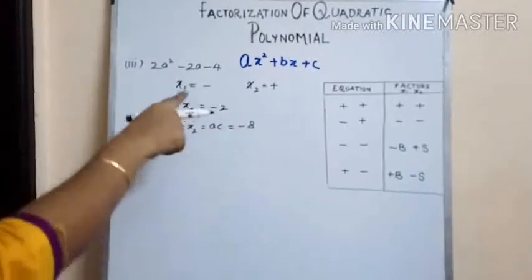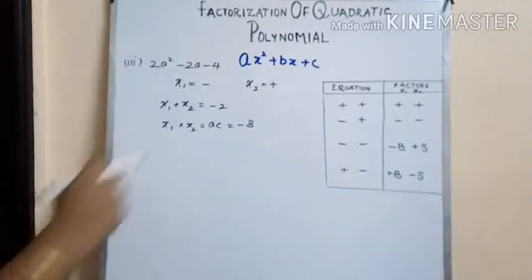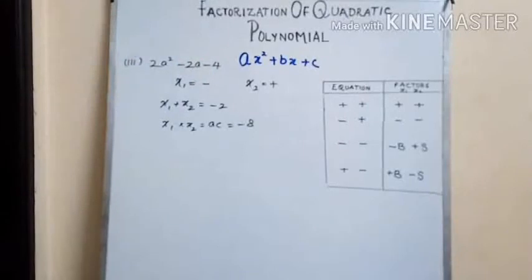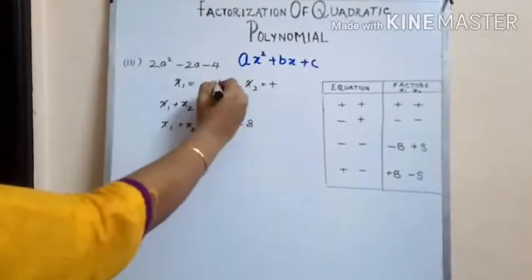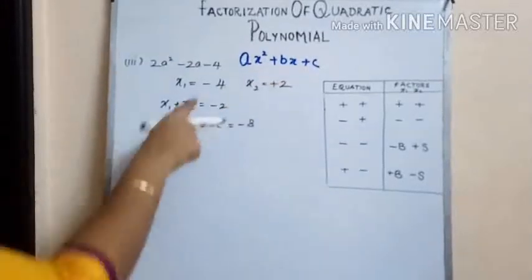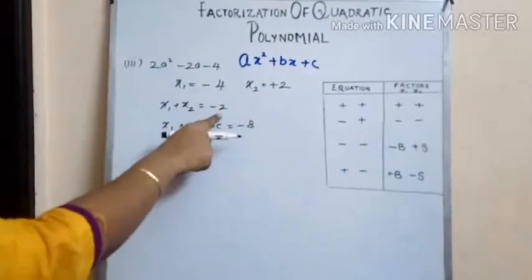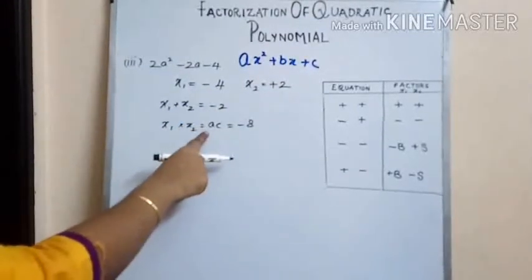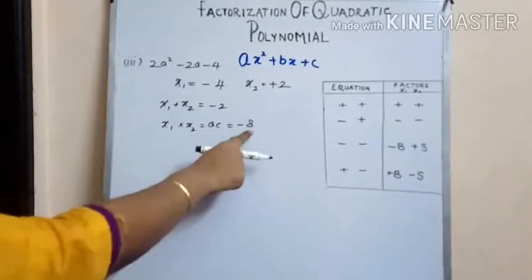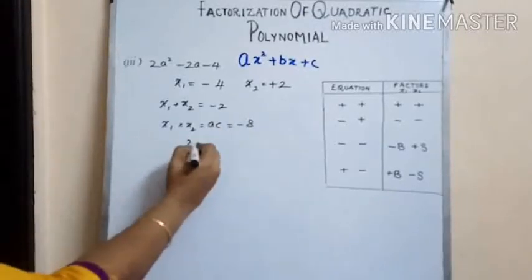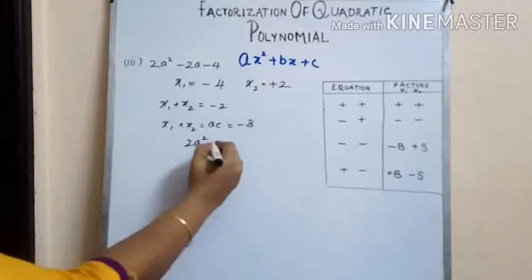Both the conditions should be satisfied. What are the two numbers which will satisfy both conditions? Yes, it is -4 and +2. When you add you get -2, when you multiply you get -8. So the equation will get reduced like this.